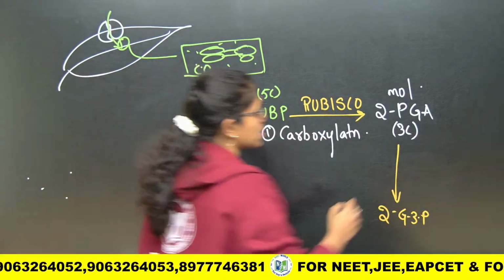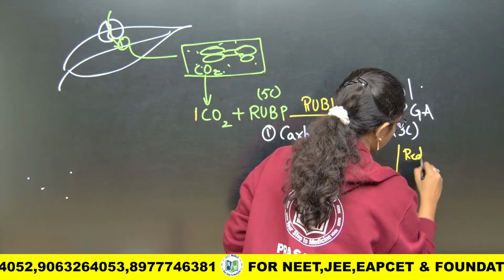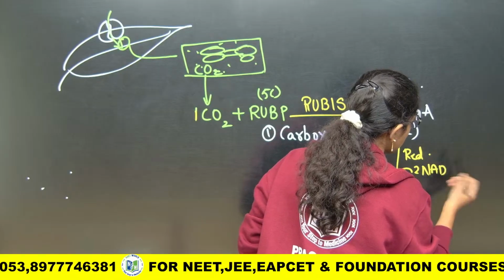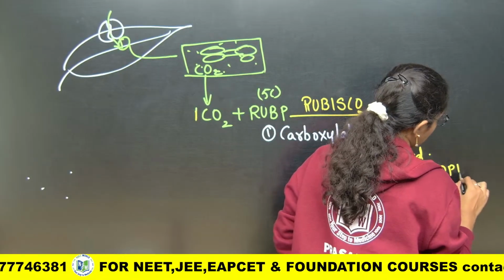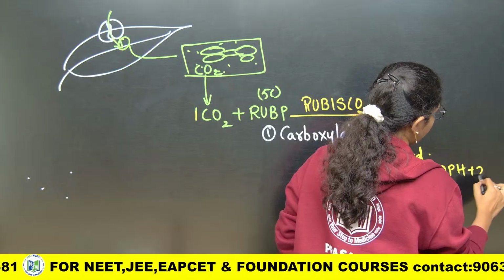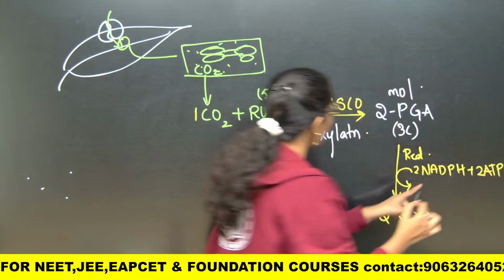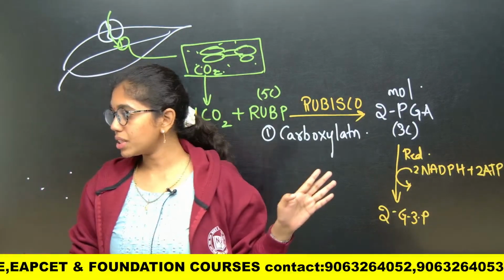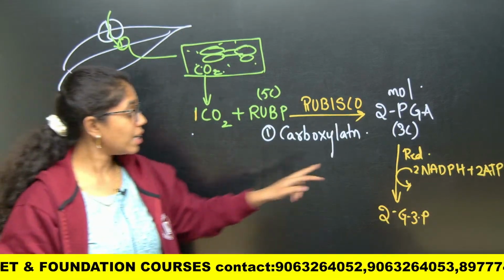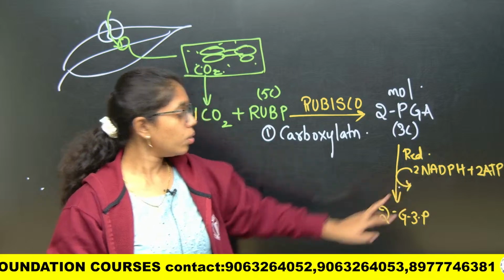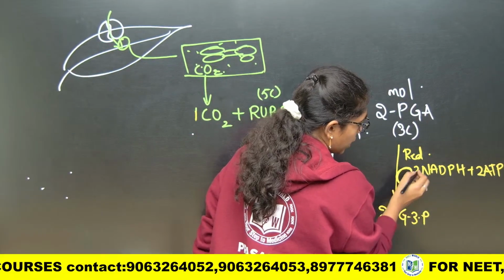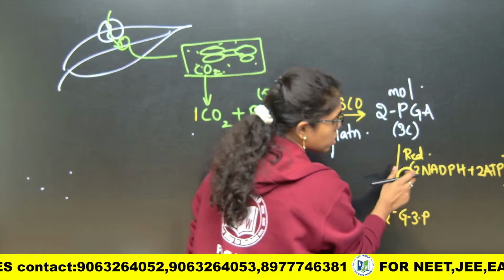This is the reduction step, wherein 2 NADPH and 2 ATP are utilized per 1 carbon dioxide. Do remember, per 1 carbon dioxide how much NADPH and ATP are utilized? 2 NADPH and 2 ATP. Fine. So if the energy is given over here, it means it is utilized.